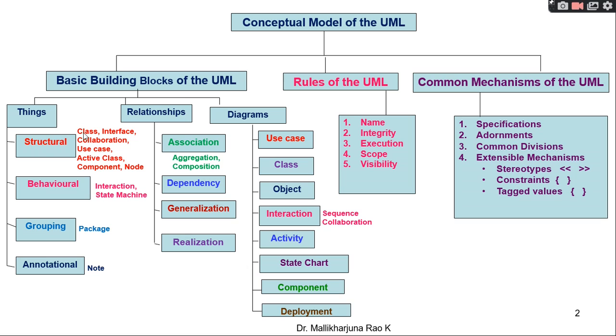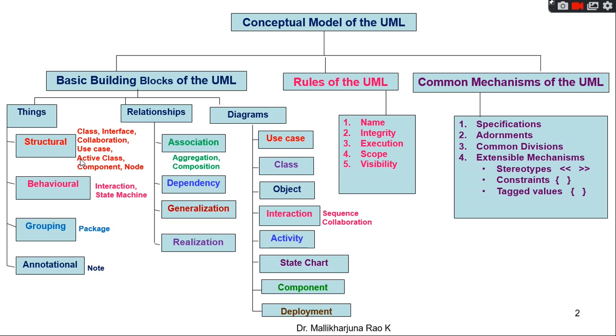Third one is collaboration, to represent interaction or to combine. The fourth one is use case. Here, use case is used in two ways: one is to define the whole system and the requirement of the system.